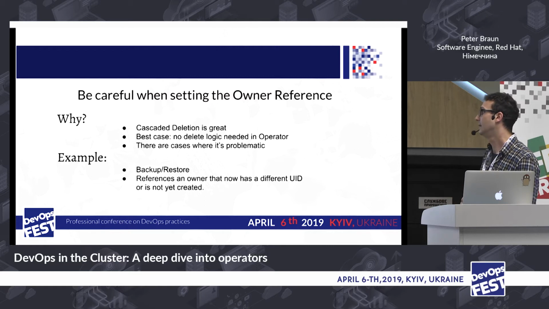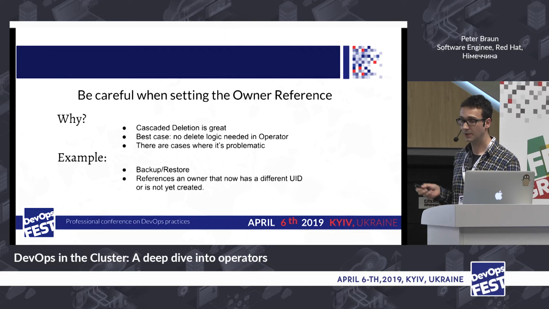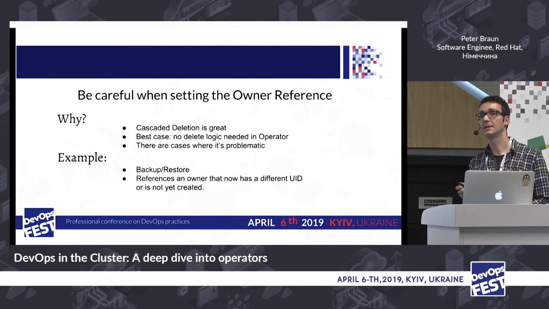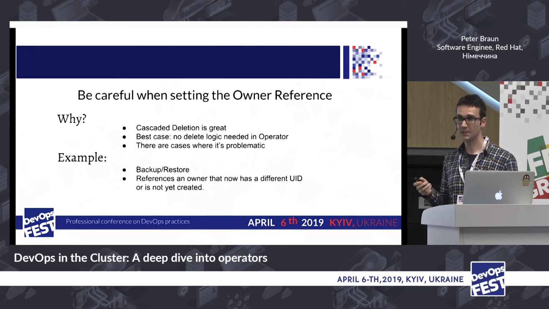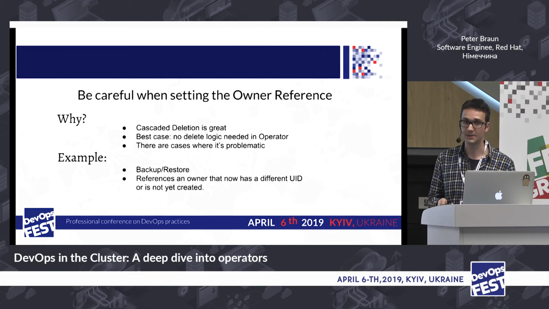So in the best case, you get your cascaded deletion and you don't have to implement any delete logic in your operator. The cases where they can be problematic are, for example, backup restore. Our team is working on a backup restore solution that makes periodic snapshots of all the resources on the cluster. And if there are problems with one service or one namespace, we can, in theory, just apply all these resources again and restore the cluster state.